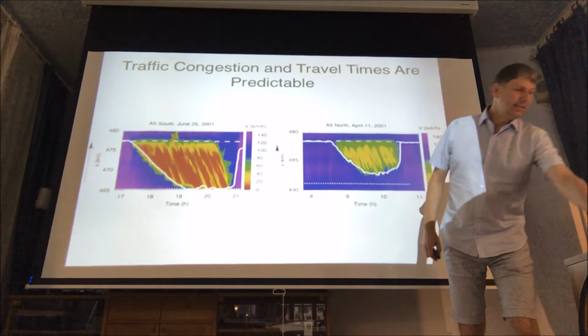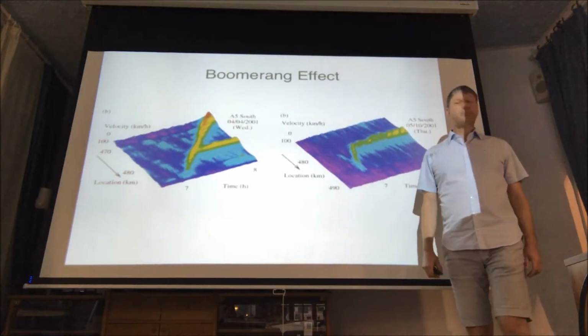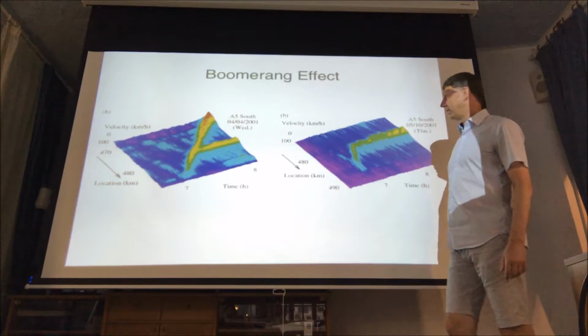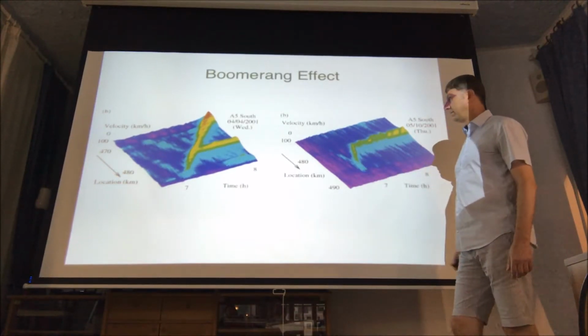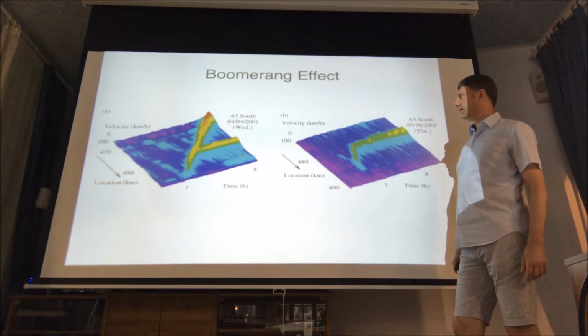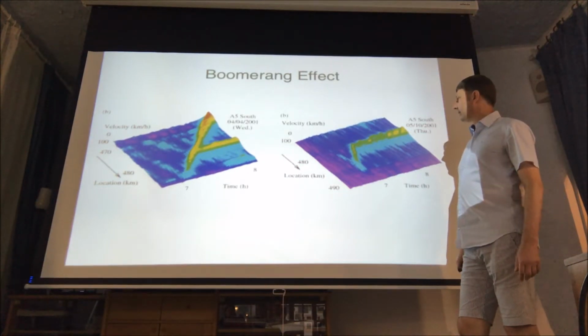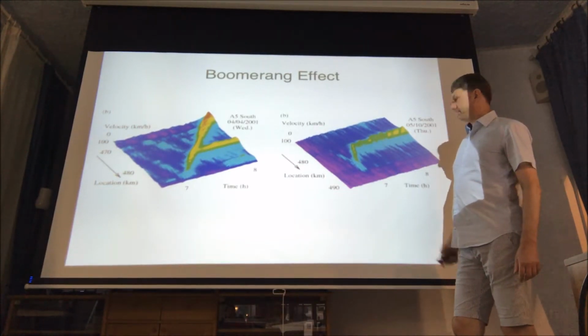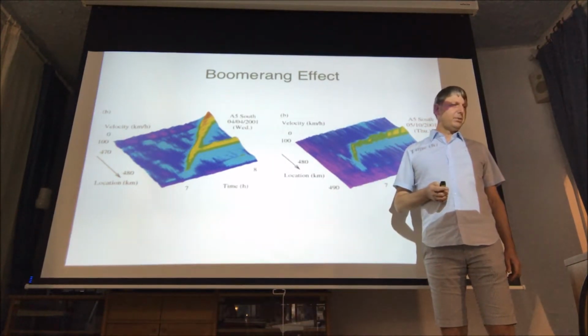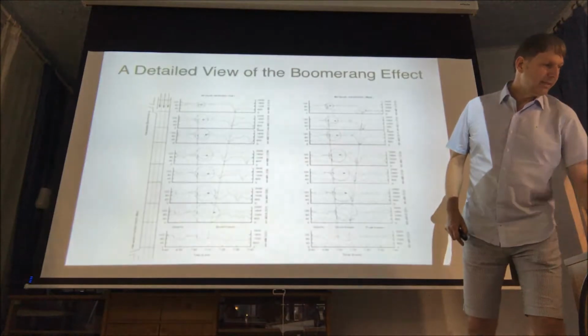One of the interesting things that we observed is what you call the boomerang effect. I mentioned it already before, so we found that many times in our empirical data, and we saw what's actually going on here. Then we looked in more detail into the data, and we found this.